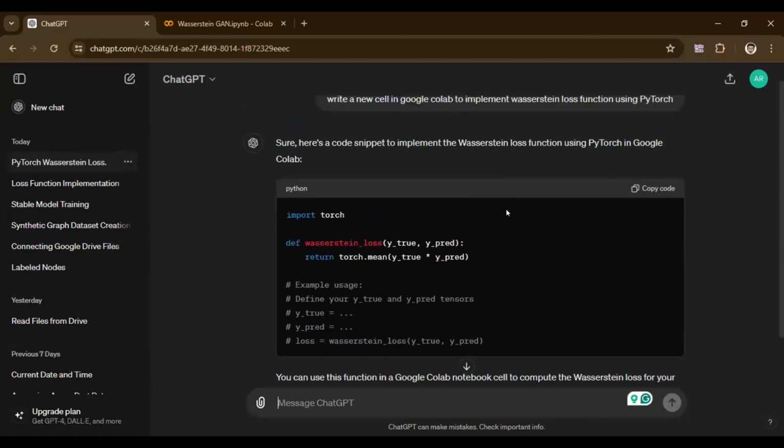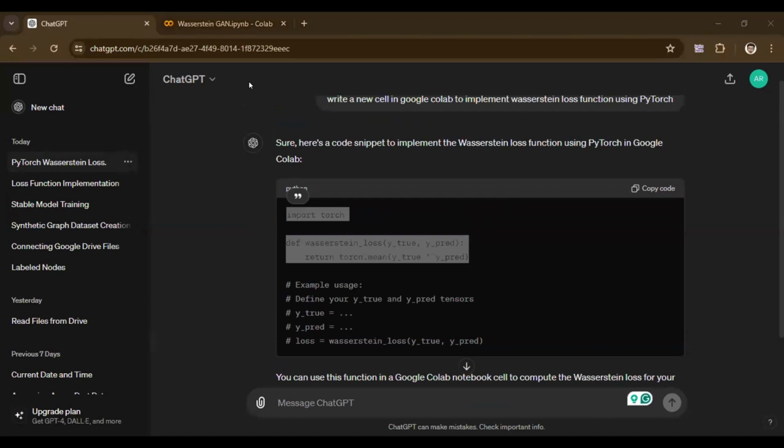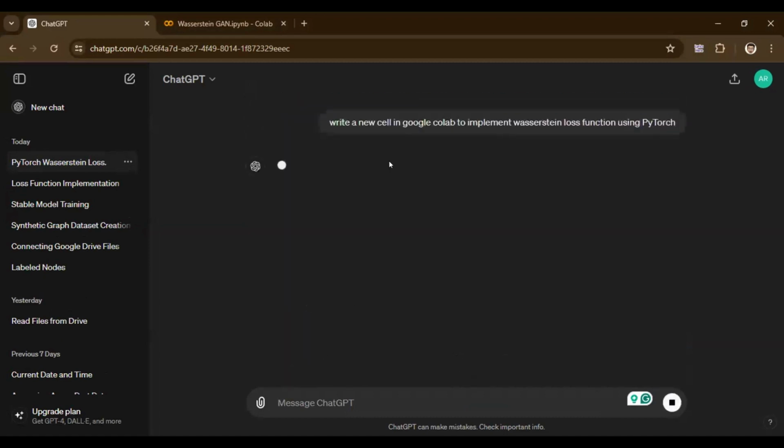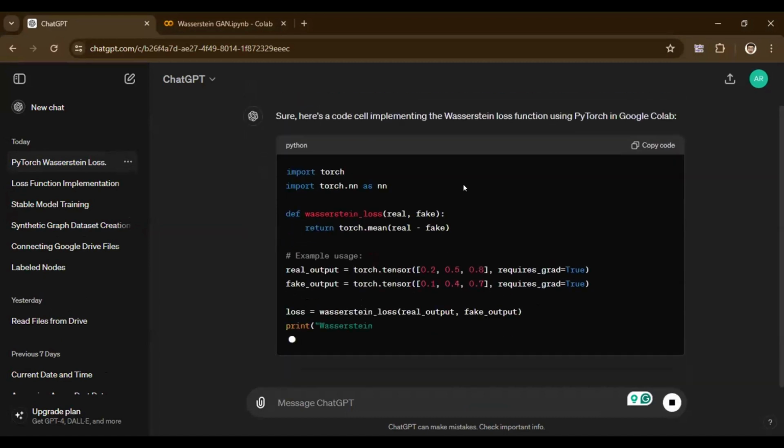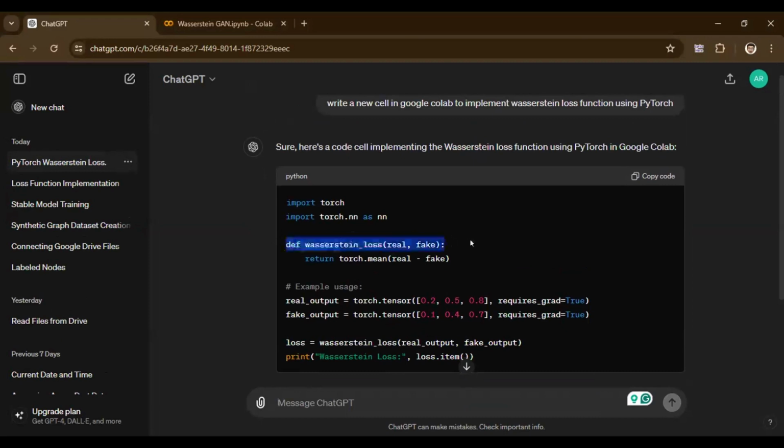As you can see, the Wasserstein loss function is just the mean of y true times y pred. Let's try to regenerate first. Okay, this is the example of Wasserstein loss.